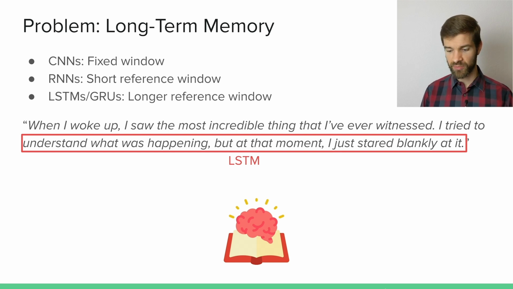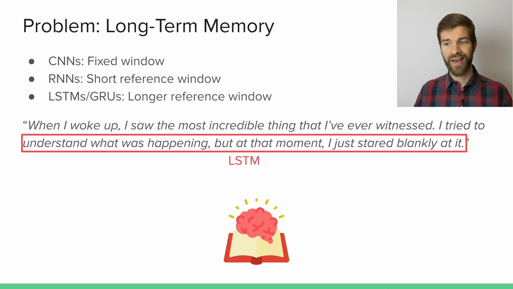And if we're outside of the reference window that we are able to access information on, we have a hard time understanding the context of what it refers to. So the idea would be, can we extend this and have the entire context available at the same time? And this is the idea that transformers employ.